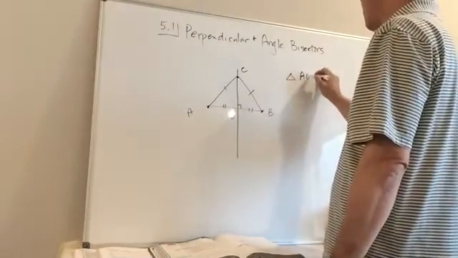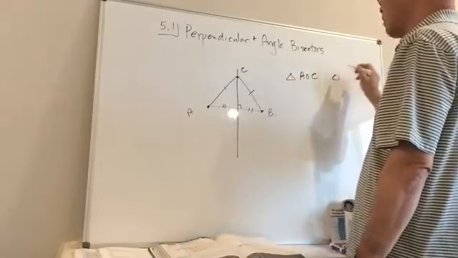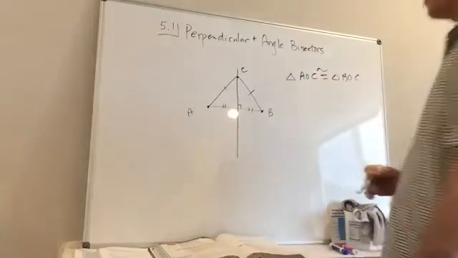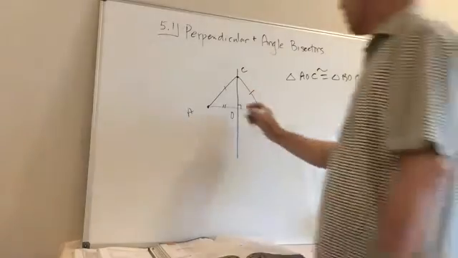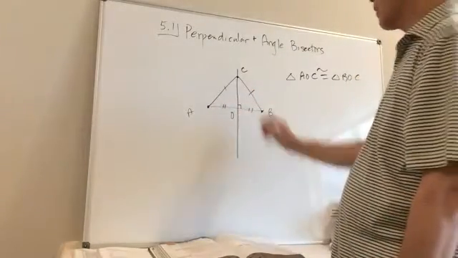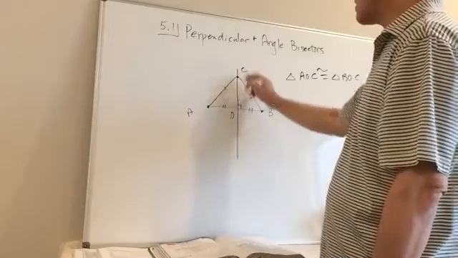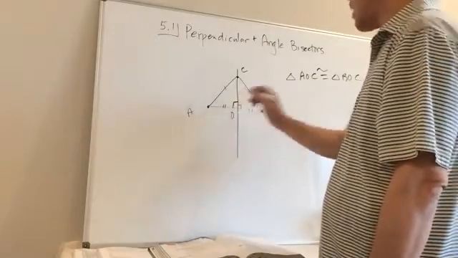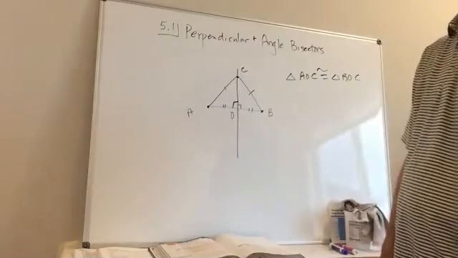triangle AOC and triangle BOC are congruent because this length and this length are the same. This length is the same because it's shared. And these two angles are the same, they're both 90 degrees.